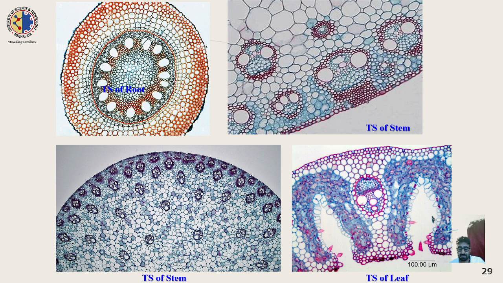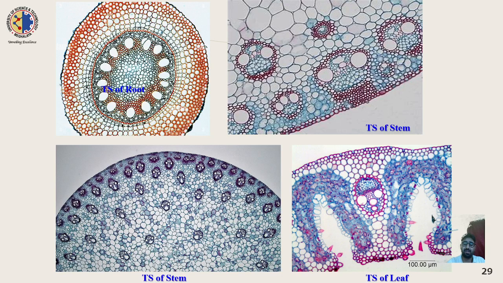The next slide shows the TS of stem. The TS of stem in monocots has some variation: the ground tissue is not differentiated. You will not find cortex, endodermis, pericycle, or any pith area.